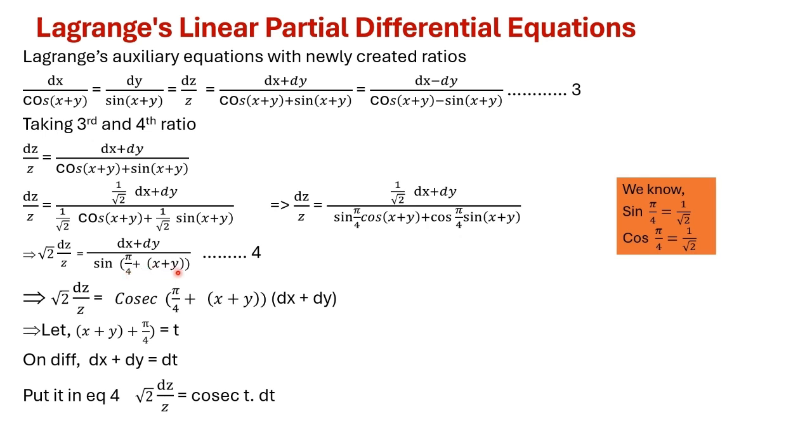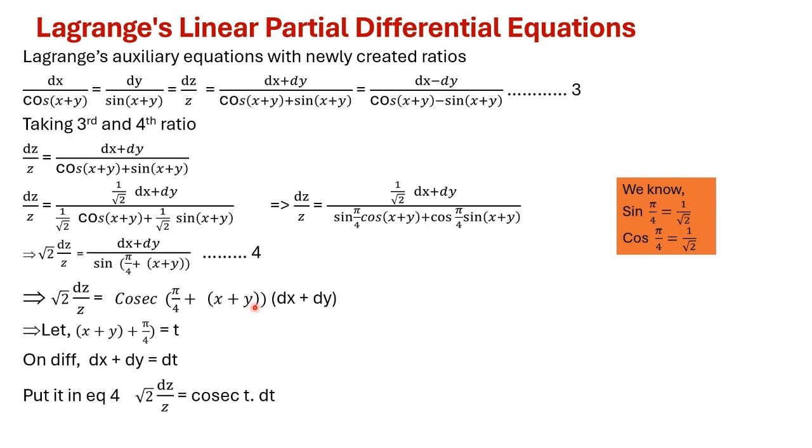Now we got root 2 dz by z is equal to (dx + dy) by this sin(a+b), that is sin(pi by 4 + x + y). 1 by sine can be written as cosecant, so we are writing it as cosecant(pi by 4 + x + y), and this dx plus dy is written here as such.